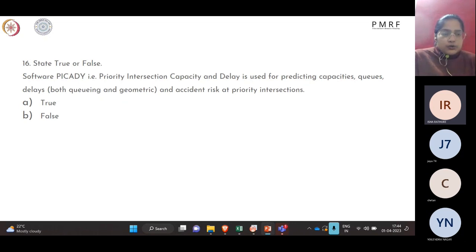Is the statement true or false? Okay, so the statement is true. That is, the software is used for making all of these predictions and for assessing the proposed transport network.